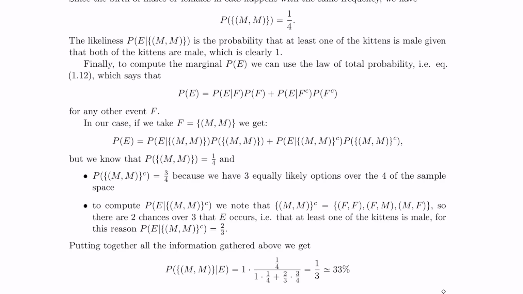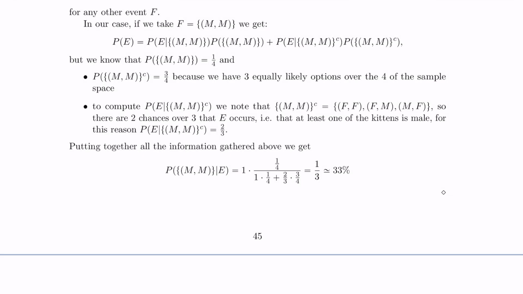For this reason, this probability is 2/3. To conclude, using all the values that we have found, we can calculate the probability that the female cat gives birth to a second male as 33%. Again, we see that our intuition is deceiving when we deal with conditional probabilities.